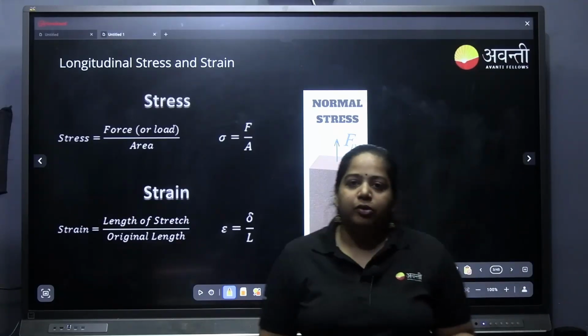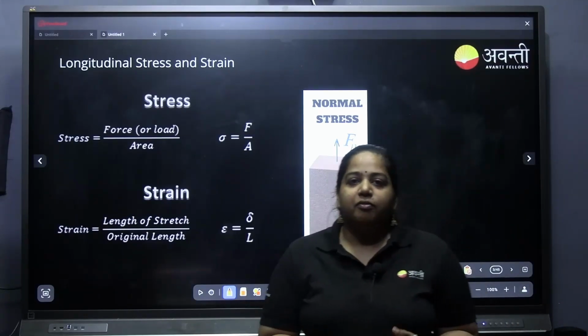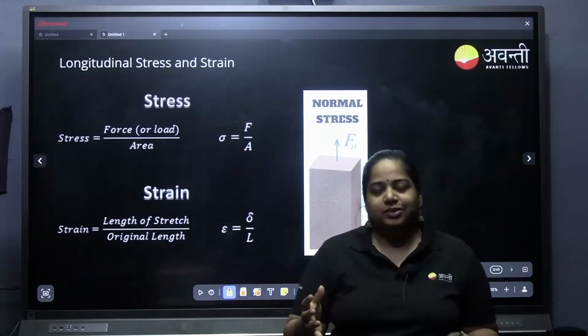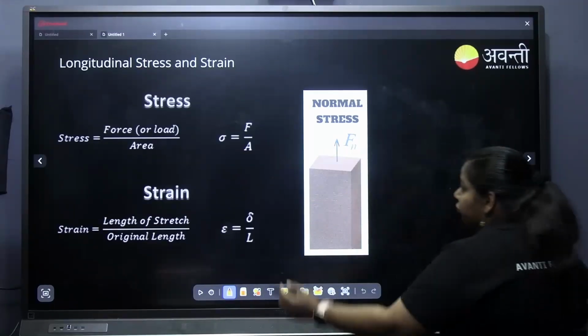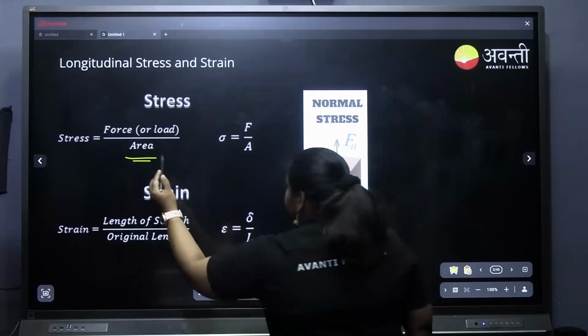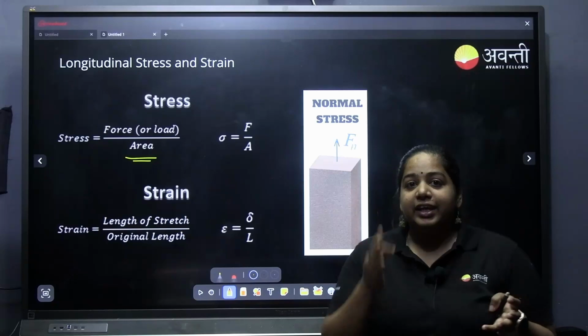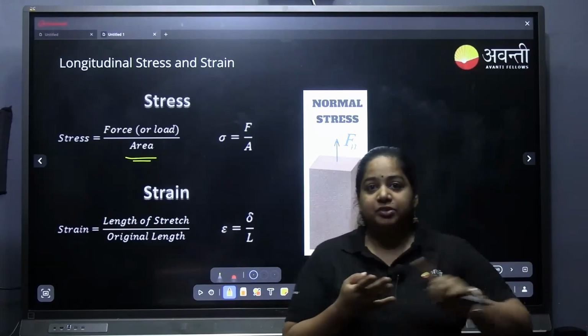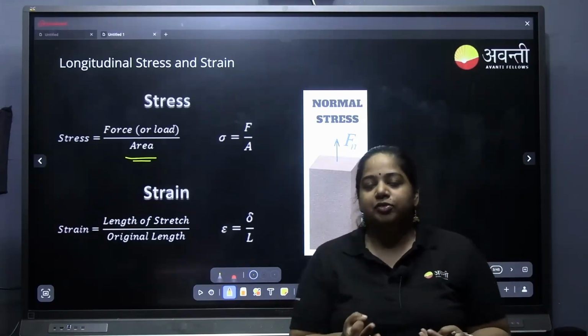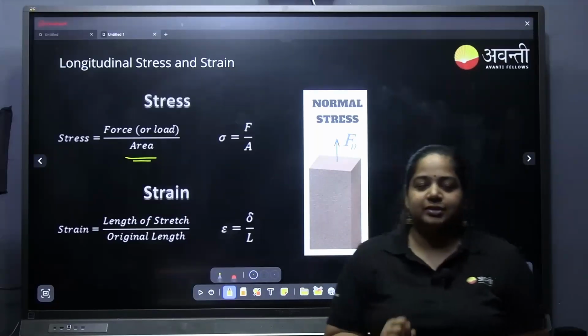First, when we talk about stress and strain, we need to know what is stress. Stress is nothing but force by area, force or load. In this we are dealing with three types of stress, three types of strain, and also three types of modulus of elasticity.